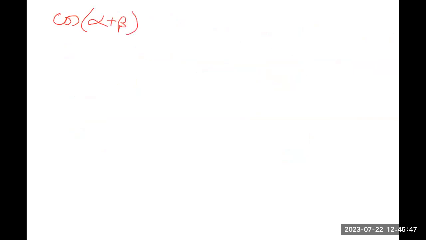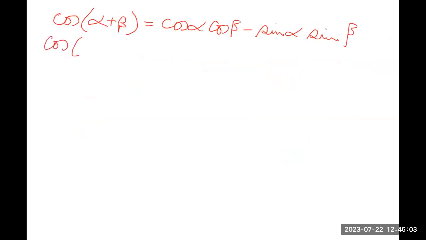Cosine of alpha plus beta is equal to cosine alpha cosine beta minus sine alpha sine beta. Similarly, if you have a cosine of a difference of angles, then this is cosine alpha cosine beta plus sine alpha sine beta.